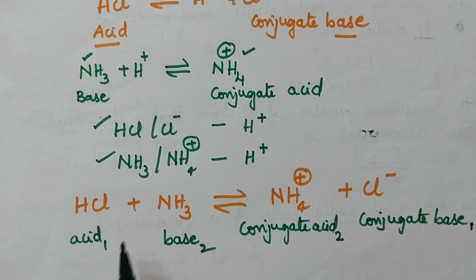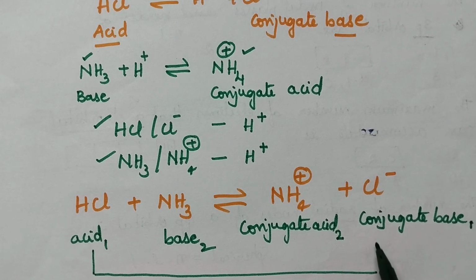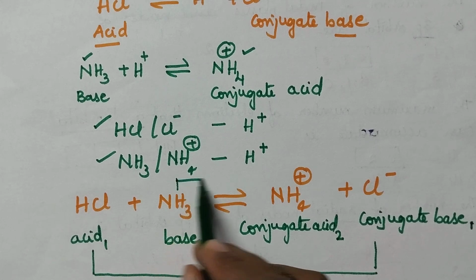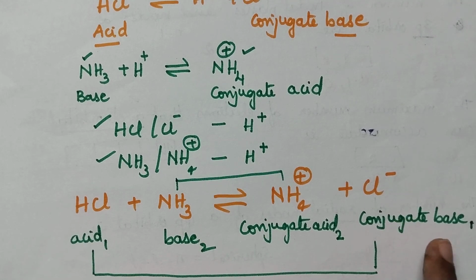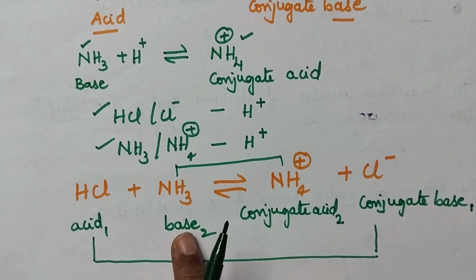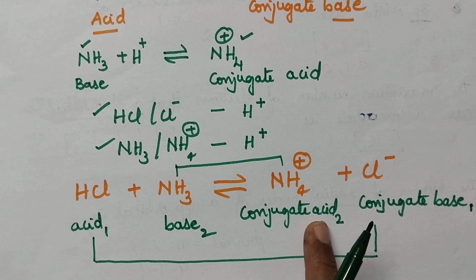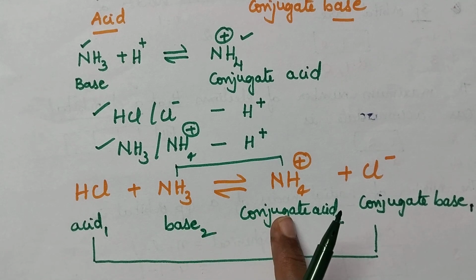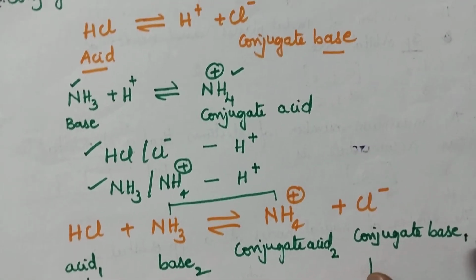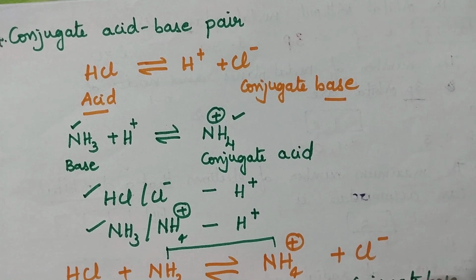In this way we can easily identify the conjugate acid-base pair in the given examples. HCl and Cl minus are a conjugate acid-base pair, whereas ammonia and ammonium ion are another conjugate acid-base pair. Is it clear about the conjugate acid-base pair, students?